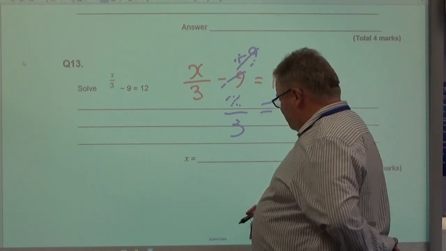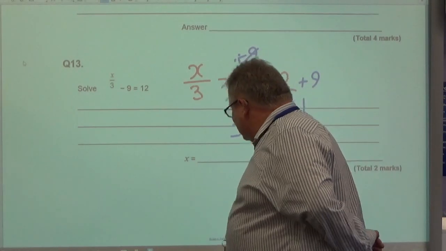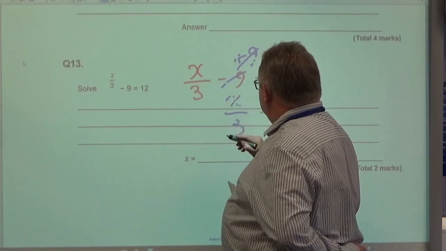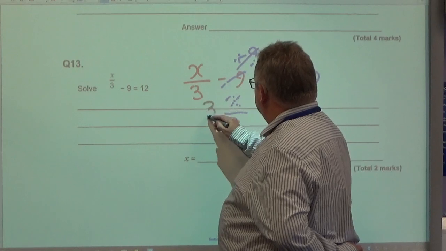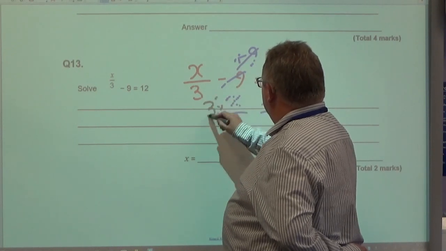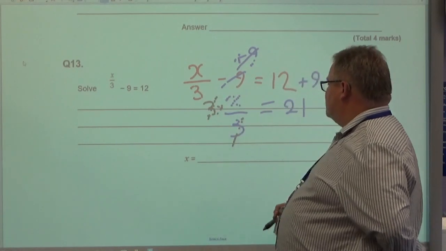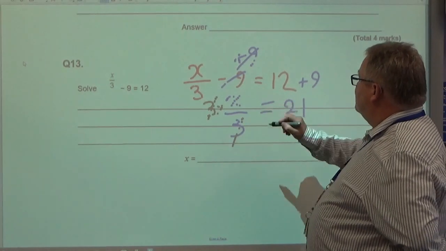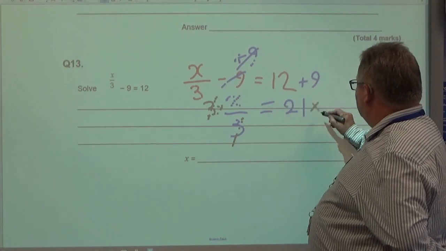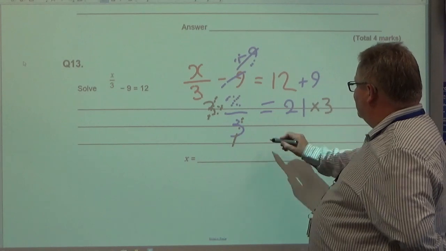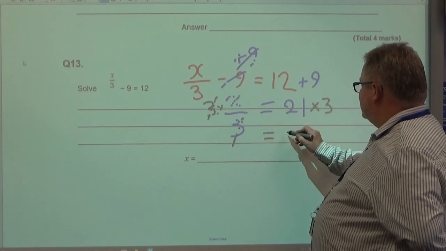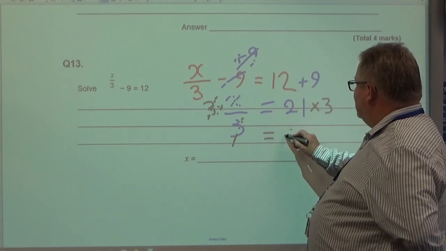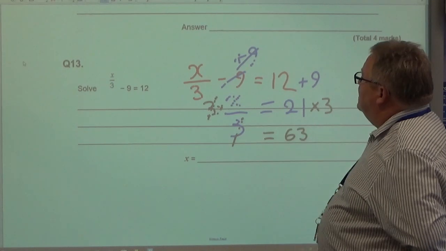So one way of working that out would be to say, because x is divided by 3, if we times this by 3, then 3 divided by 3 is 1, so that leaves us with x. And whatever we've done to this side, we've got to do the same to this side. So that's times by 3 there. So 21 times 3 is going to give us 63.